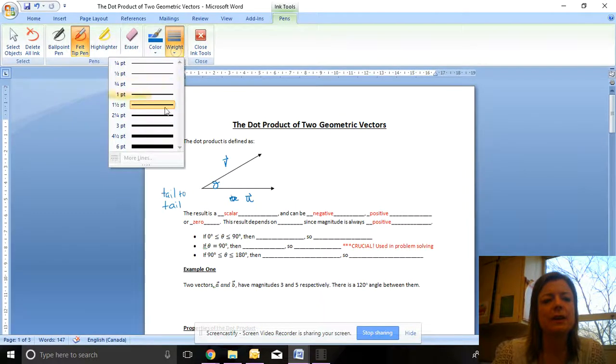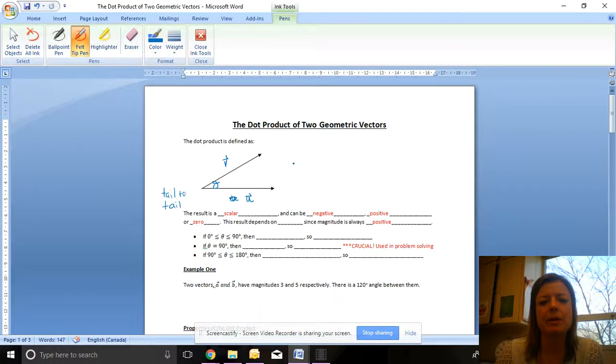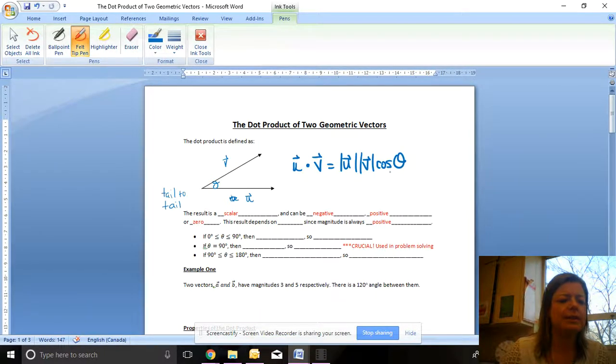The definition of the dot product of these two vectors is U dot V, and in this case, it's the magnitude of U times the magnitude of V times cos theta. Theta has to be between 0 and 180 degrees for this to work.